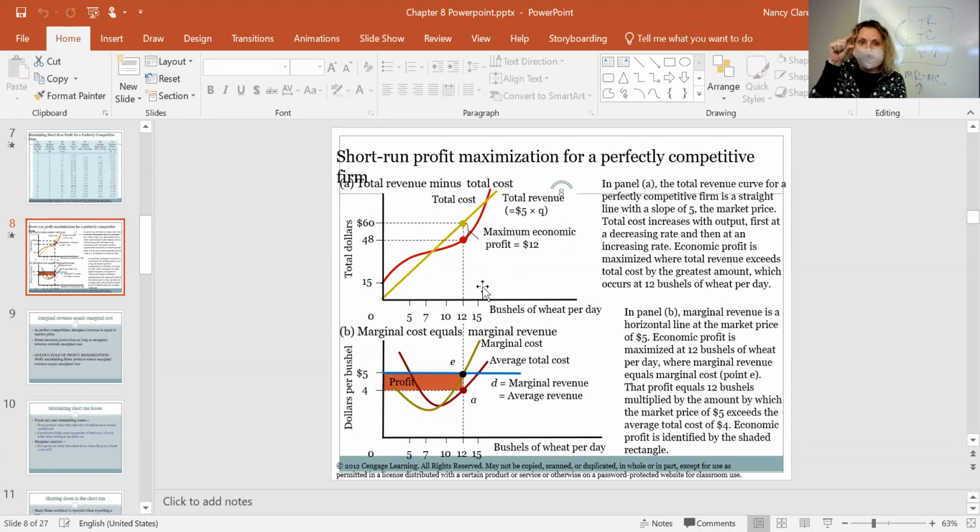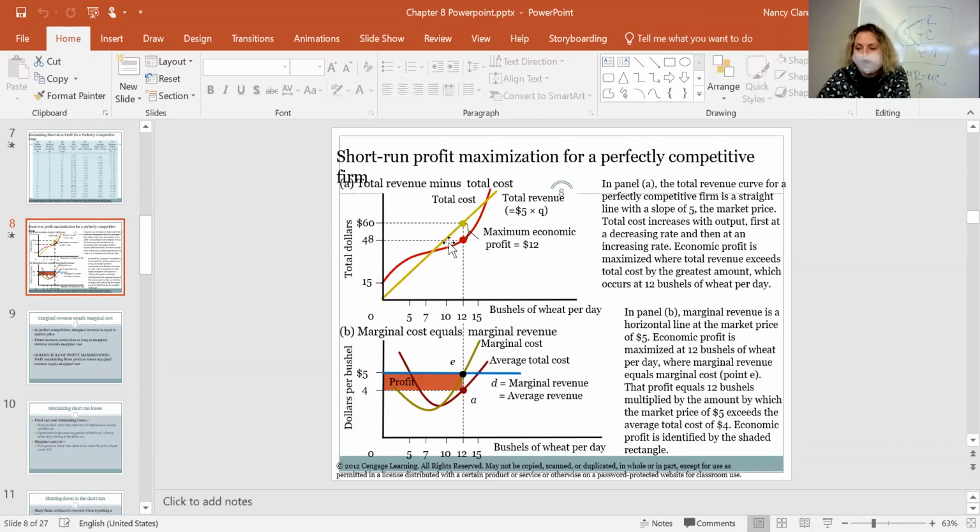The greatest vertical distance. It's like finding the greatest difference, except you're finding it physically instead of mathematically. So if you can find the greatest physical distance, you will also find the greatest mathematical distance because all we've done is graph the numbers. So the math is built in, okay?